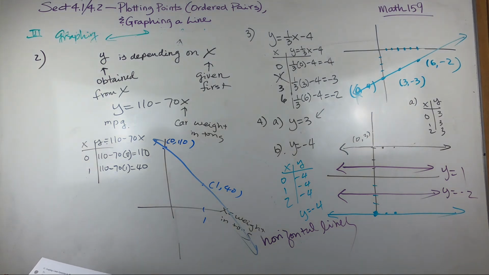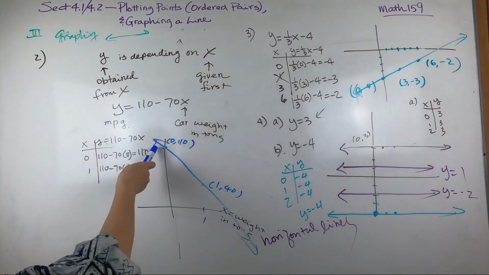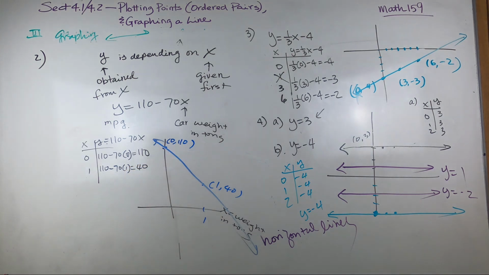That's how you will show the relation between the weight of the car and the mileage per gallon. So if the car weighs 1 ton, it gets 40 miles per gallon. 1 gallon only goes around 40 miles. So if weight is 0, weight of 0 is not possible.